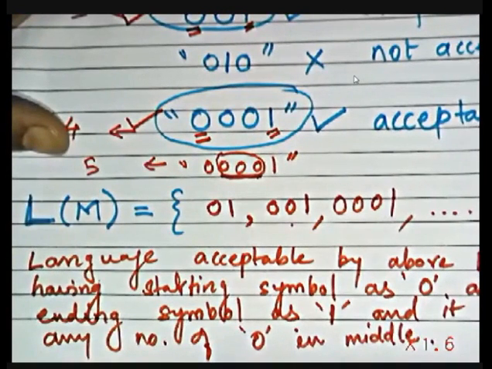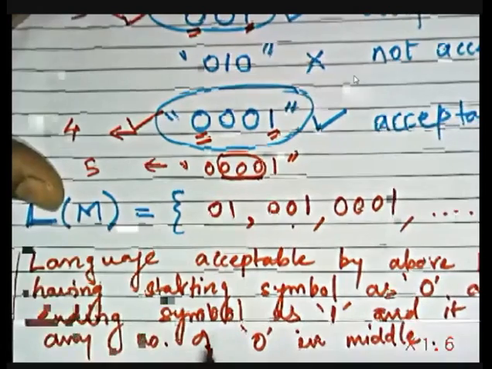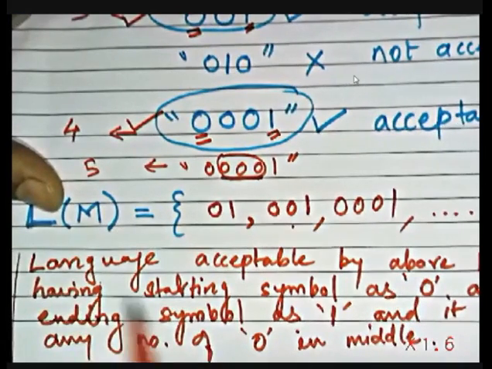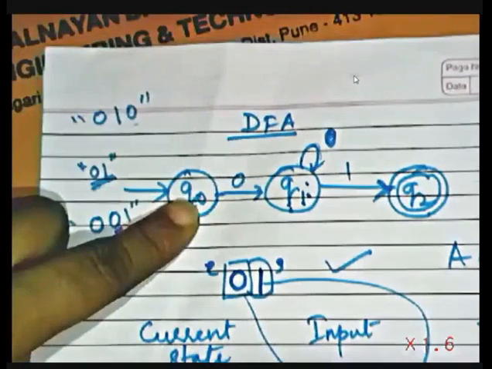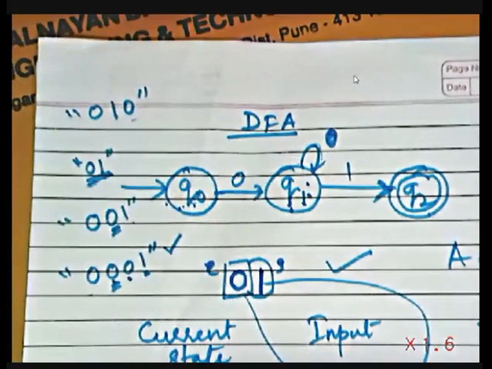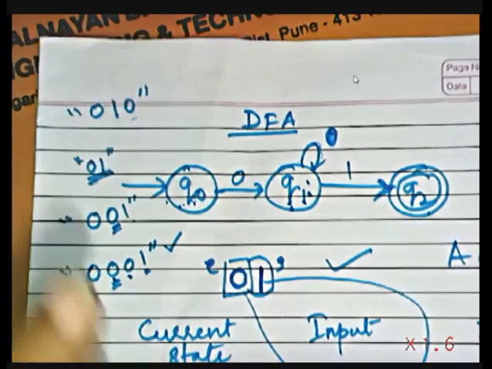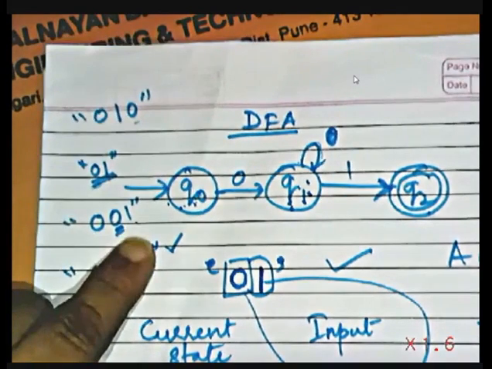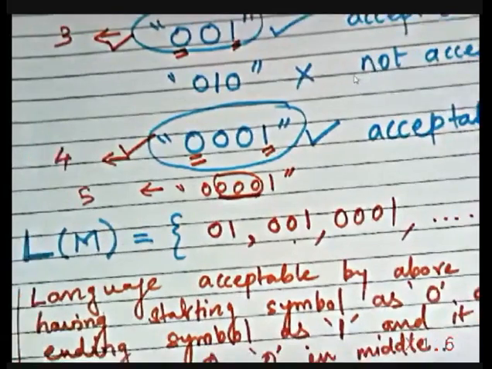So now if I represent my finite automata which is accepting this language, I can say that I have designed a finite automata which is accepting a language having strings starting with 0 and ending with 1. Other strings will not be acceptable by the finite automata.